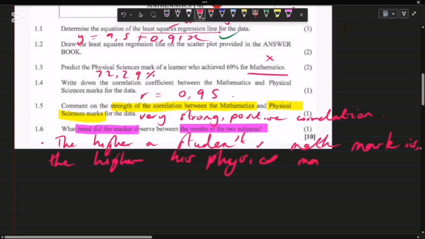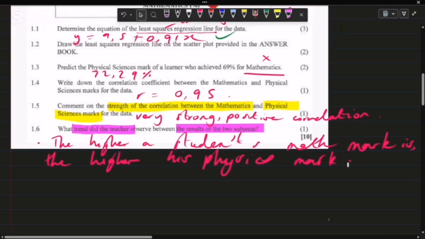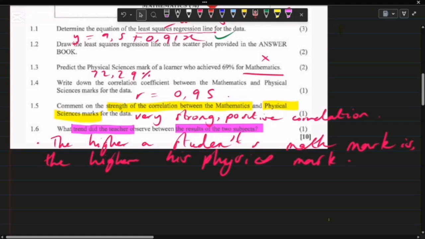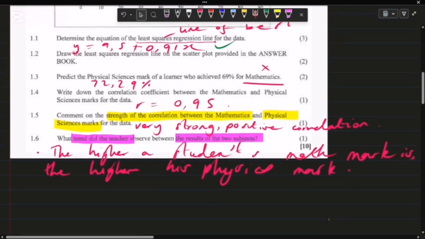Okay, so we can see that there is a very strong and positive correlation between a person's maths mark and the person's physics mark.